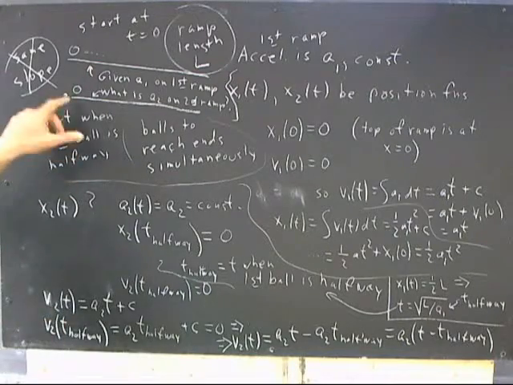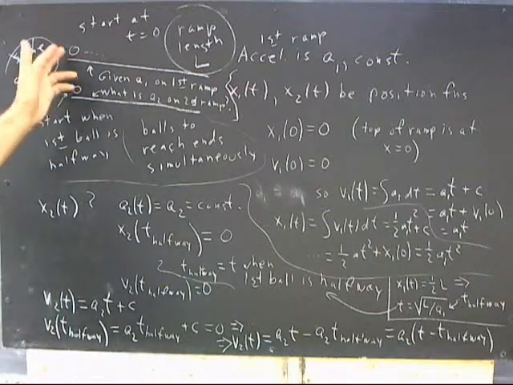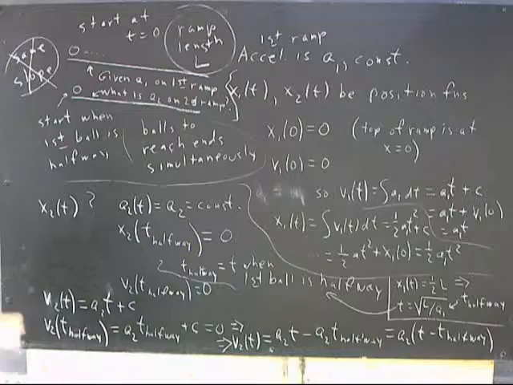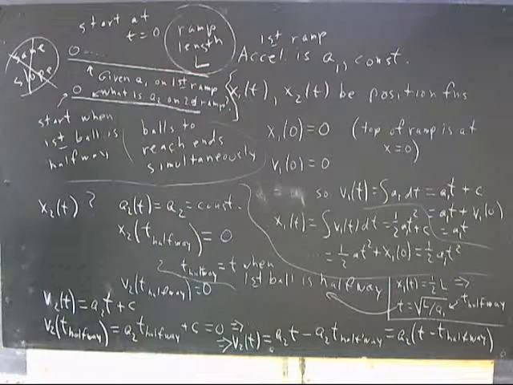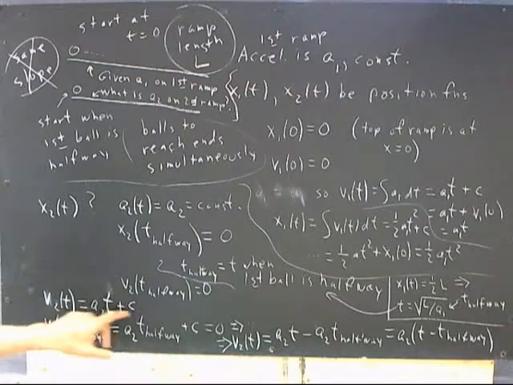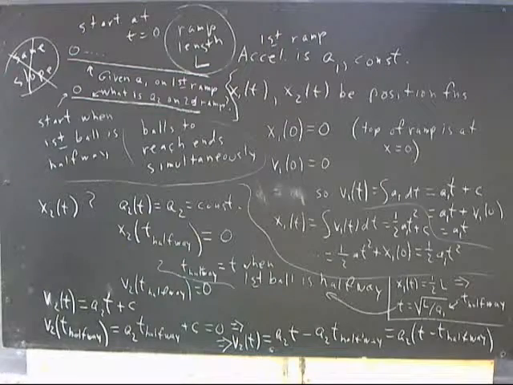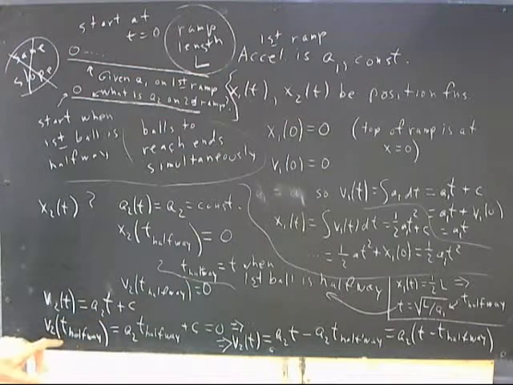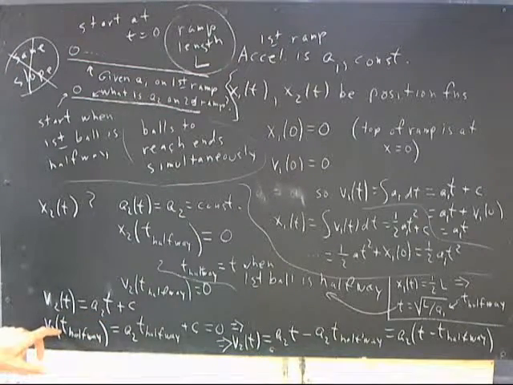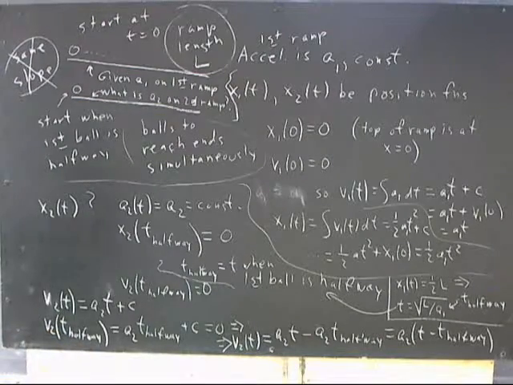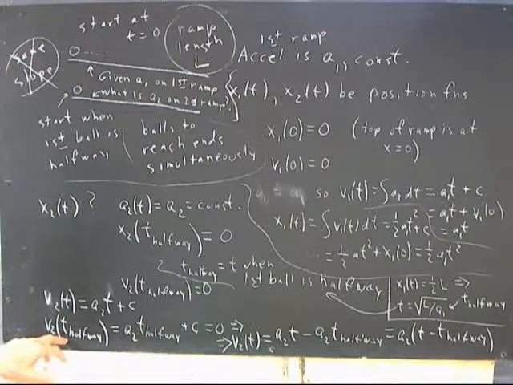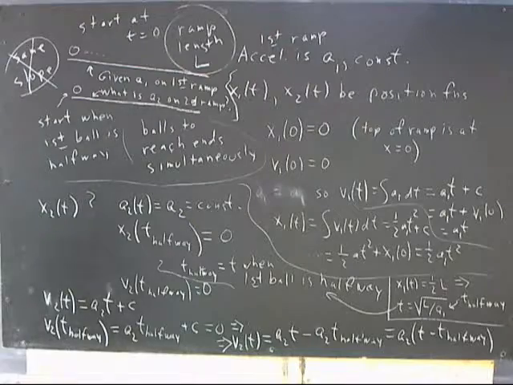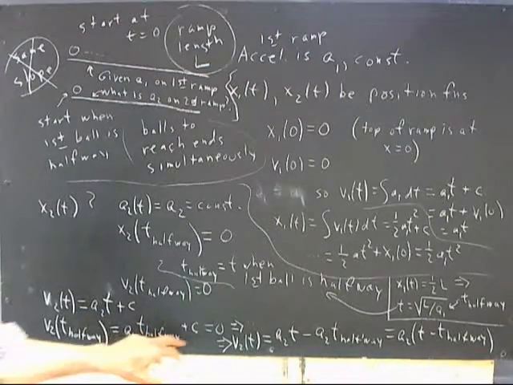Of course, if this ball's sitting still at the time we release it, v2 of 0 is 0, but we haven't started the acceleration phase, so this function doesn't yet apply at that time. This function only applies starting when the time is equal to t halfway.